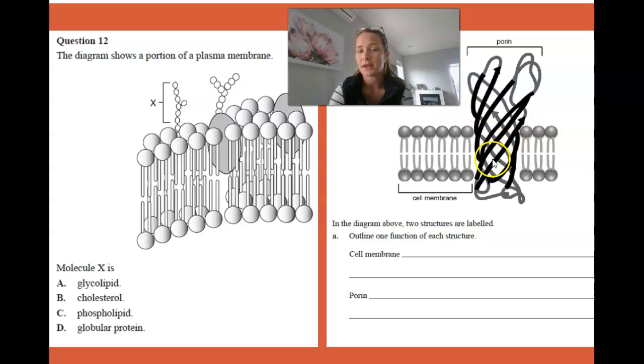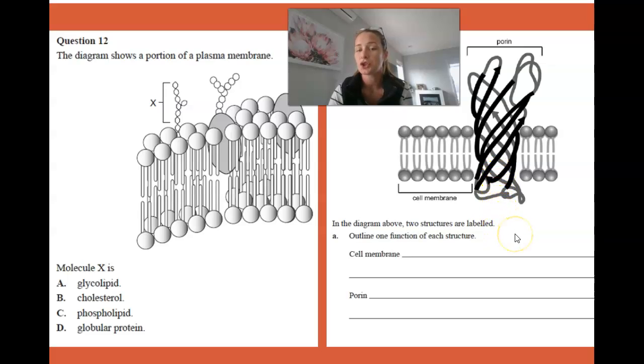It is a protein. How do I know that it's a protein? I can see the flat arrows that would be the beta pleated sheet structures of a protein. I might also see those coiled structures of alpha helices in a different diagram, but I can definitely identify that this is a protein. Not only that it's a protein, but judging from the diagram, it looks hollow. It is a protein that's embedded in the cell membrane that has a hollow tunnel through it.